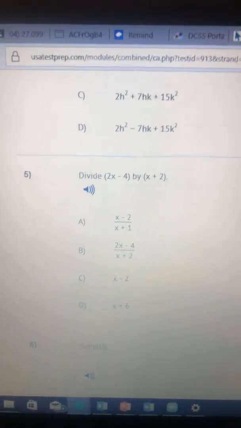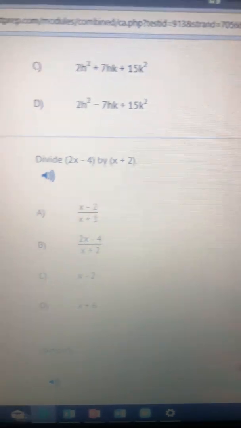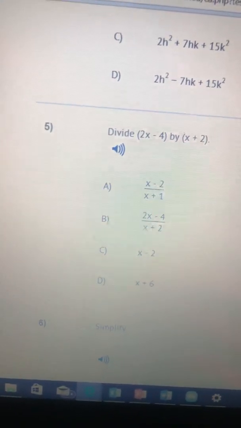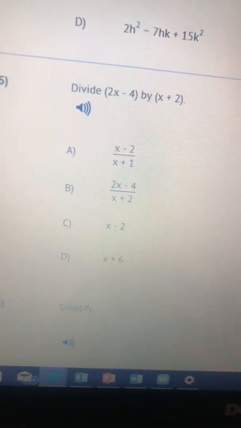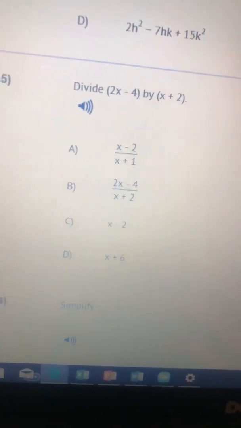Okay, so now number 5, it says to divide 2x minus 4 by x plus 2. Okay, so here we're dividing a binomial by a binomial.